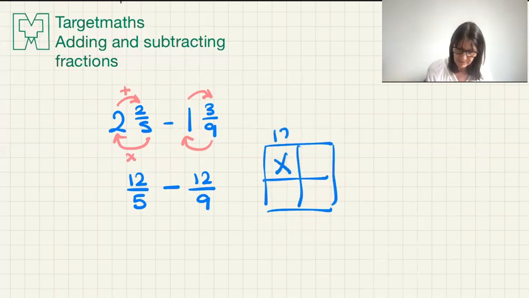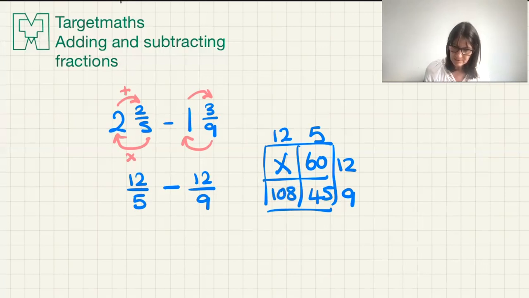I've got 12 and 5. I've got 12 and 9. 5 times 12 is 60. 5 9s are 45. 9 12s are 108. So I've got 45 on the bottom.